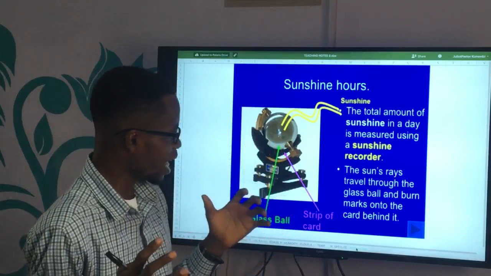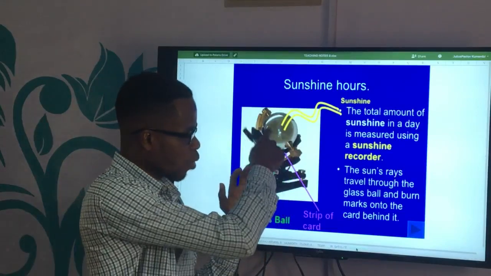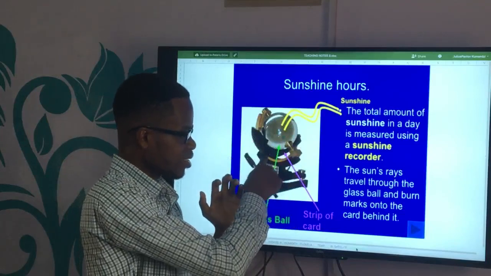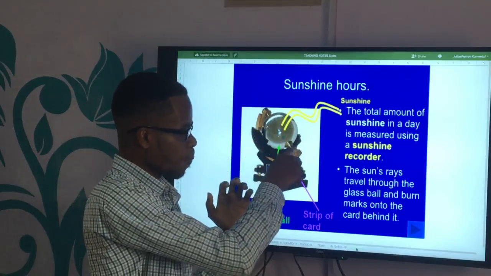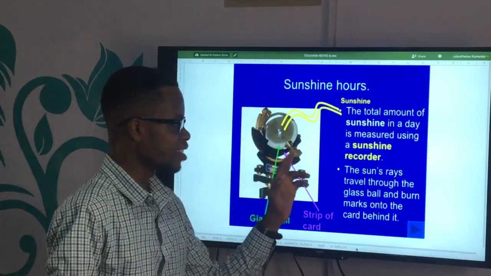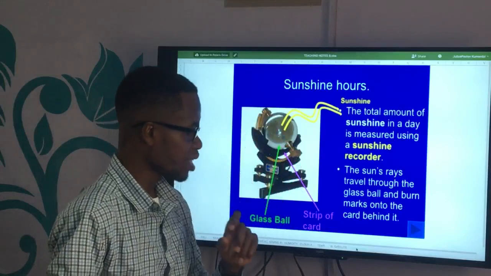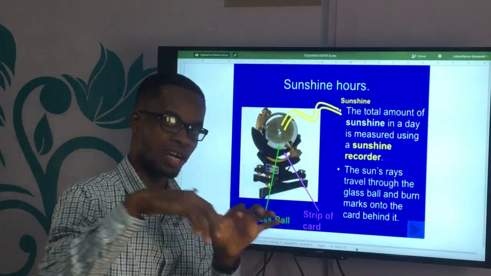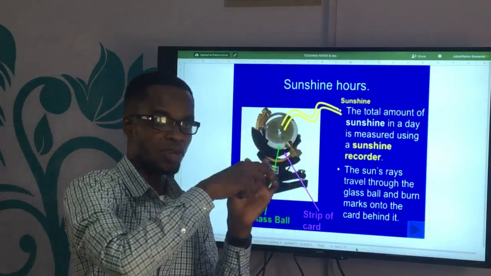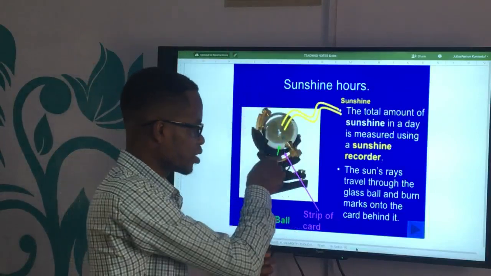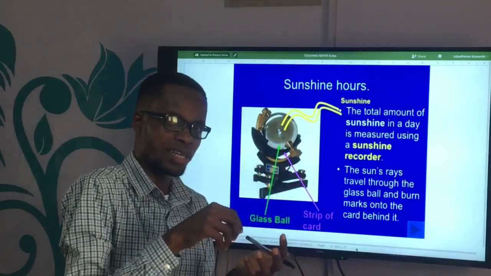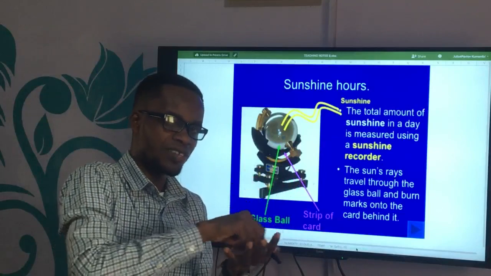The main features are a glass ball and a card under this glass ball, and they look into this and see the number of bands. This is how it operates. When the sun shines, it throws its light or heat on the surface of the glass ball, and the glass ball reflects it on the card, and it shows as burns, as bands, on the surface of the card.